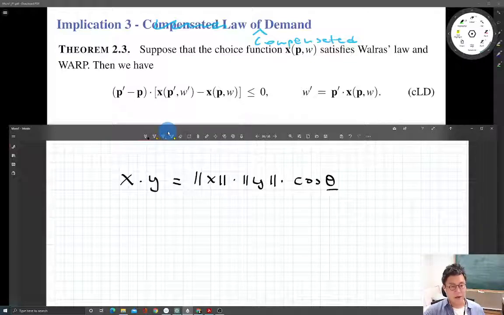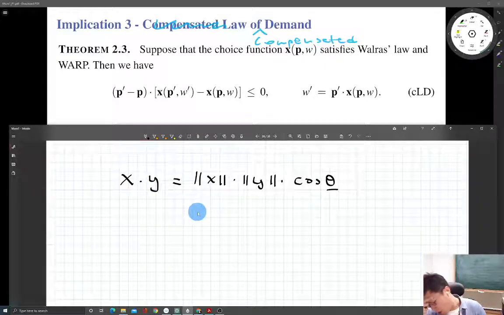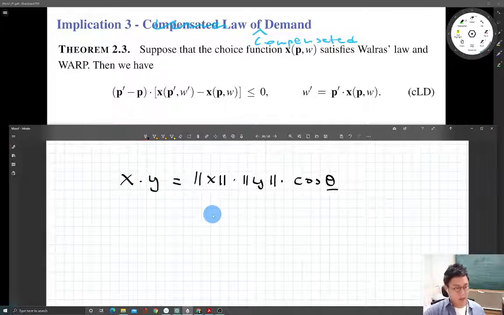And here theta stands for the angle between these two vectors. So the sign of the dot product gives us information about the angle between these two vectors.